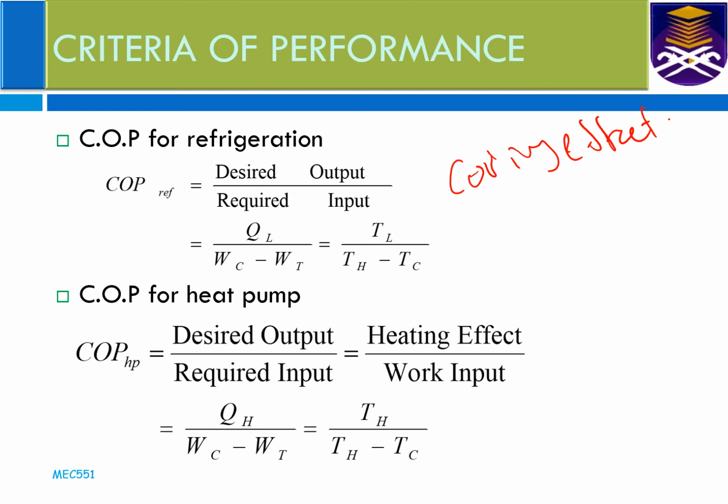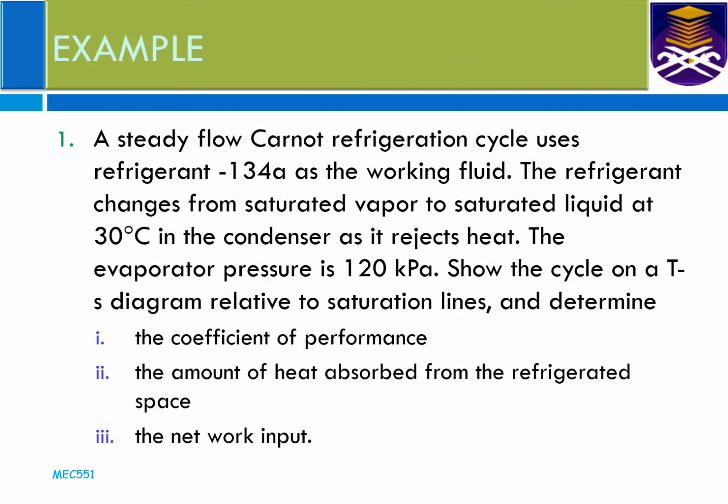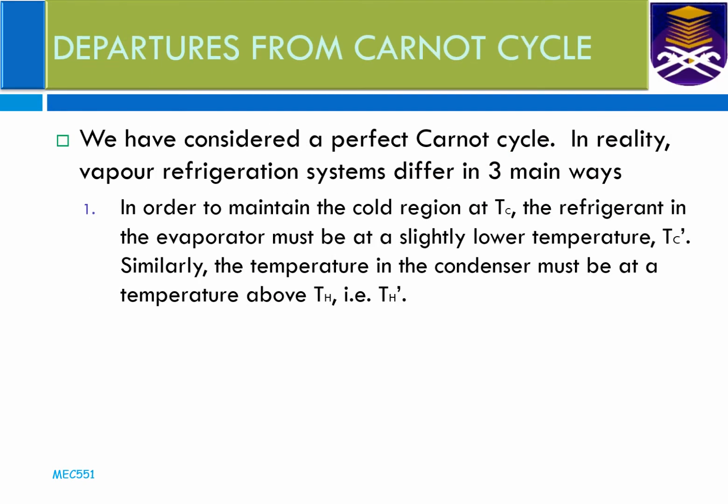So this is the Q dot out and this is the Q dot in, and our required input is the net work, which is the difference between the power input to the compressor minus the work output from the turbine.